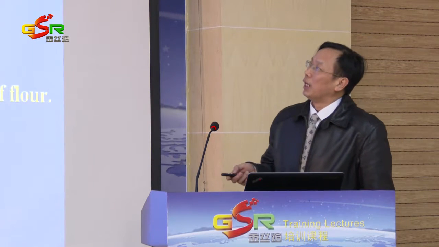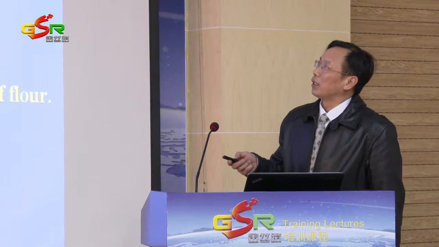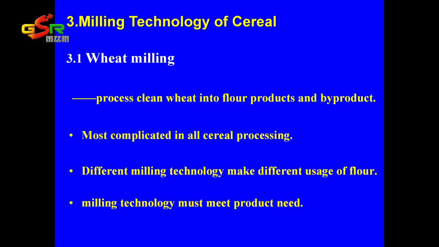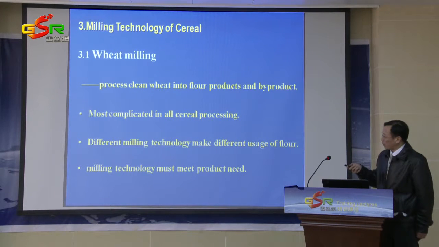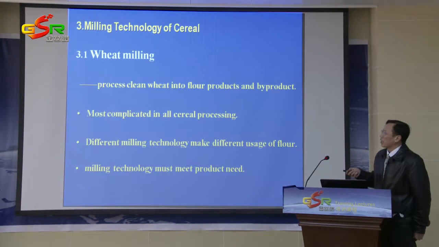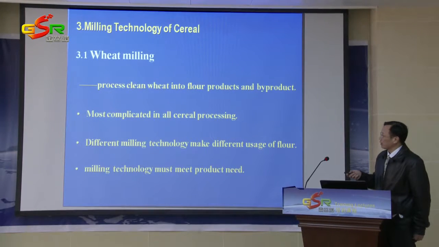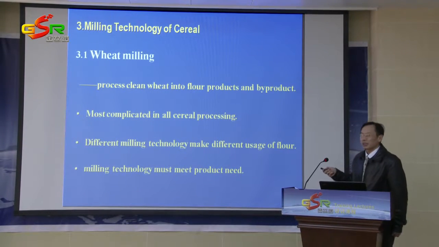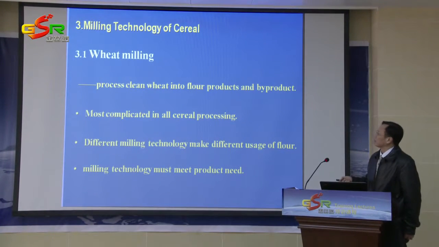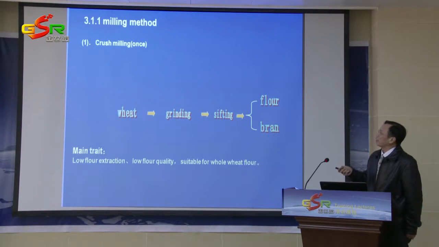And this section is about milling technology of cereals. The first is wheat milling. Typically, wheat milling is the most complicated process of all the cereal processing. And this shows the simple wheat milling.